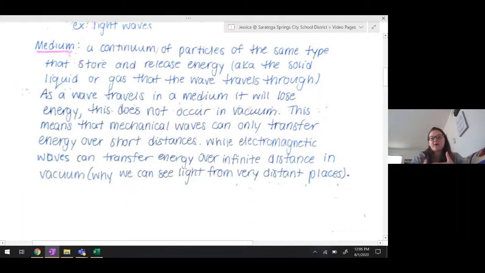As a wave travels through the medium, it loses energy. But that doesn't occur in vacuum. So what that means is mechanical waves lose energy as they travel, and electromagnetic waves do not. That means mechanical waves can only transfer energy over short distances.